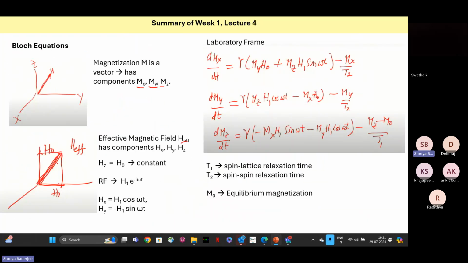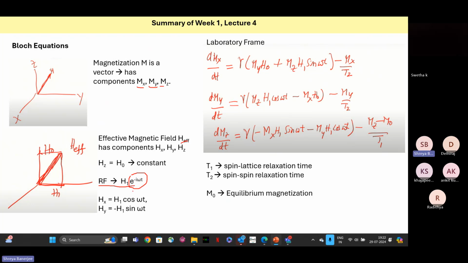We have an effective magnetic field, which is the vectored addition of the z component and the xy component. The z component is constant and the xy component depends on the magnitude of the radio frequency provided. We have the amplitude h1 and frequency omega.